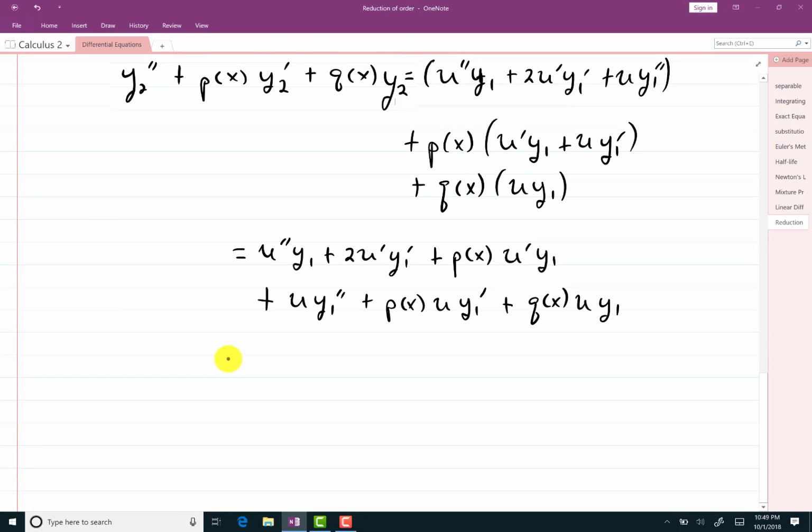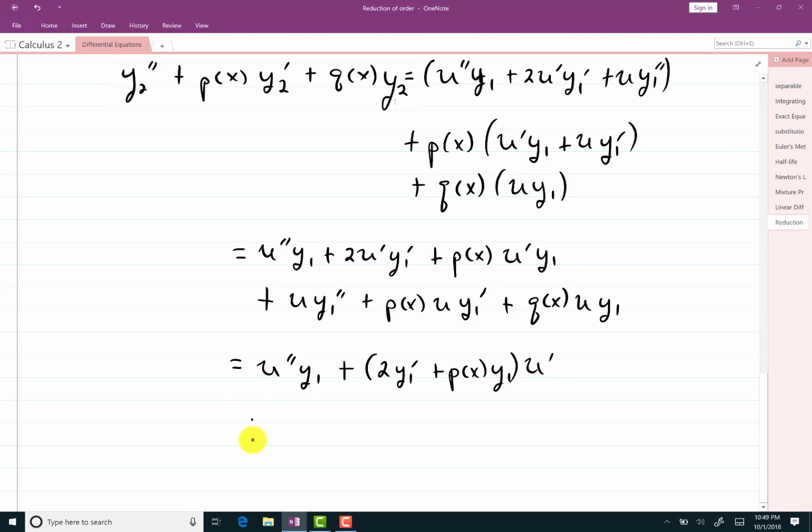And I'll do one more step. I still have this first stuff. That's not going away. I have u double prime y1. I'm going to factor out a u prime from the second two terms, plus, so I'll have 2y1 prime plus p of x y1 times u prime.